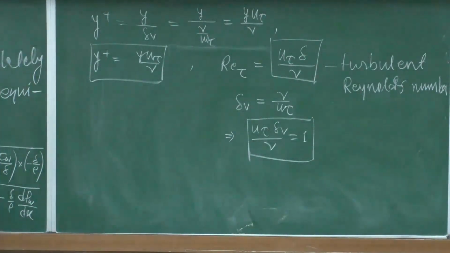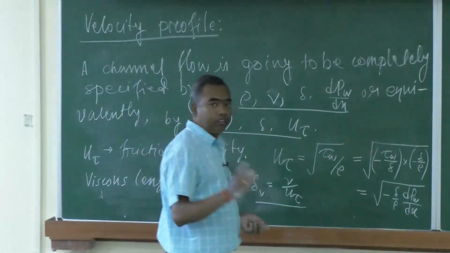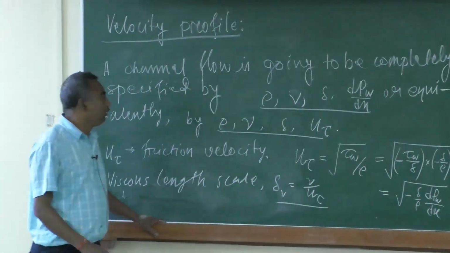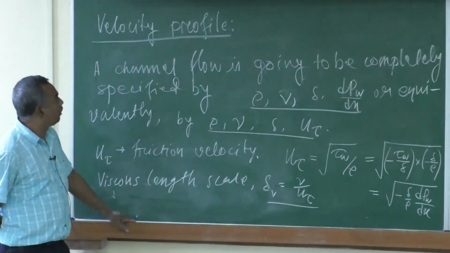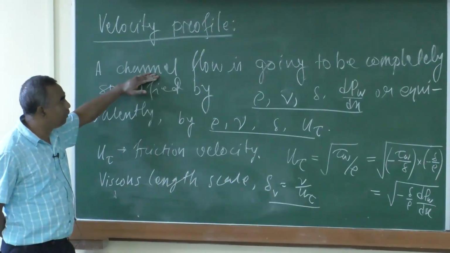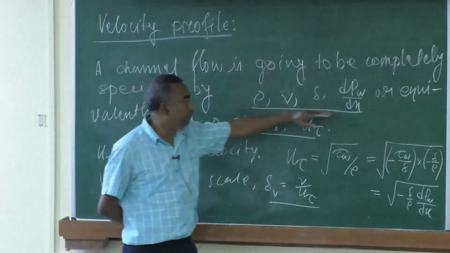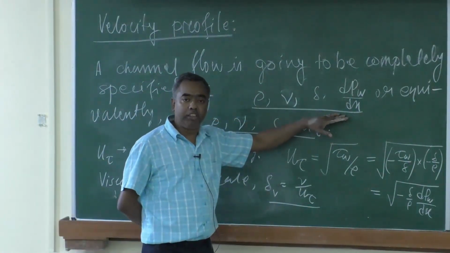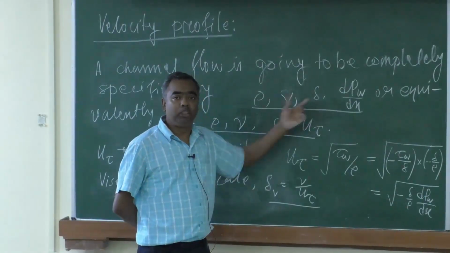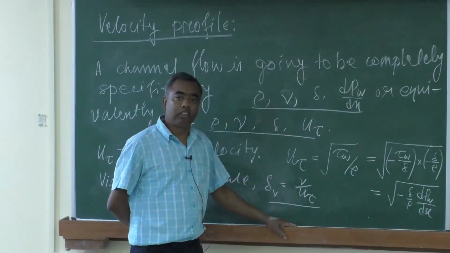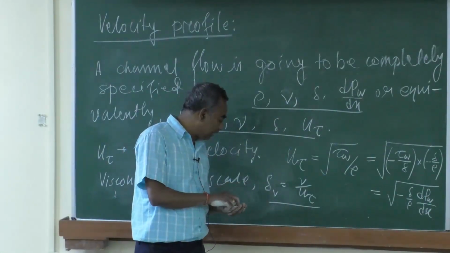Keep it in mind. Anyway, with this introduction, let us now consider a channel flow. Since it can be completely specified by these variables, its velocity dimensionally should depend on these variables. That is the takeaway message from this.